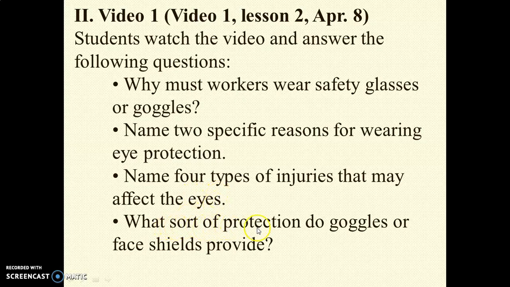What sort of protection do goggles or face shields provide? It's a specific type of protection. You should tell what sort of protection. So these are the questions for the second exercise about video 1, lesson 2.